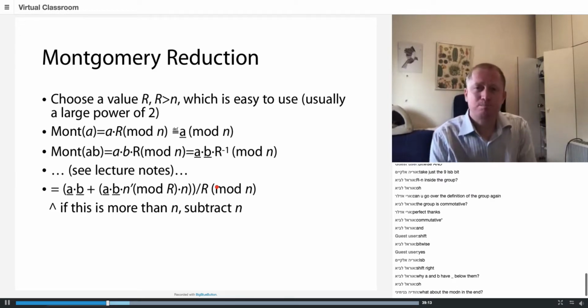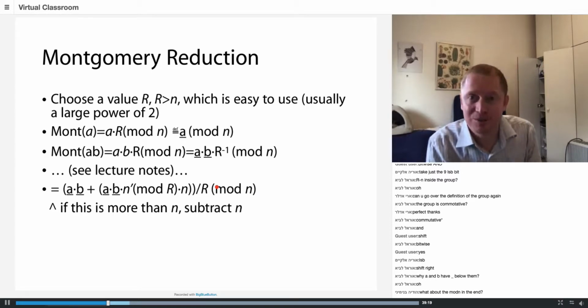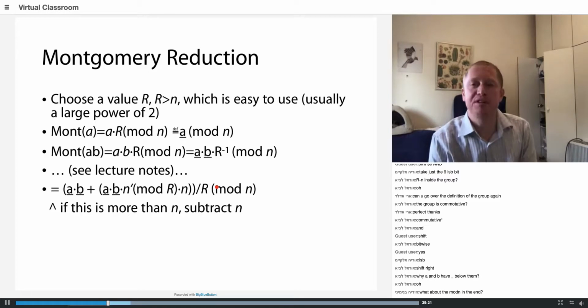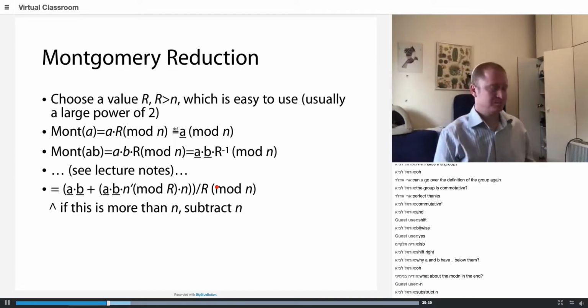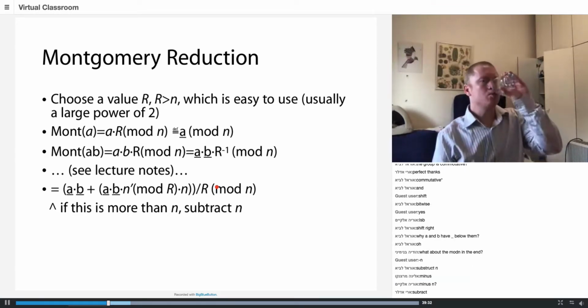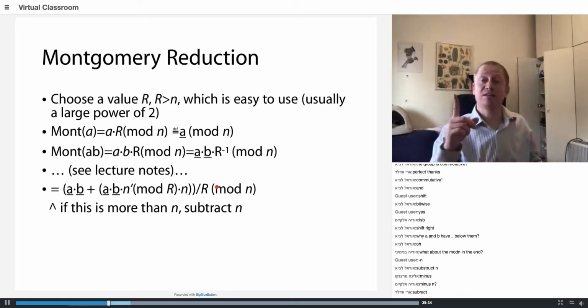So my modular reduction, if I know the number is between 0 and 2n, how do I do a modular reduction? I subtract. I compare and subtract.